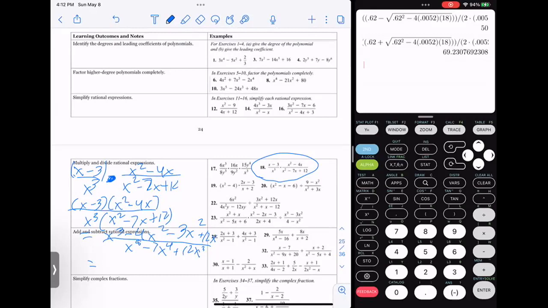Now this expression in the numerator and denominator share a common factor. You know what that greatest common factor is? X.